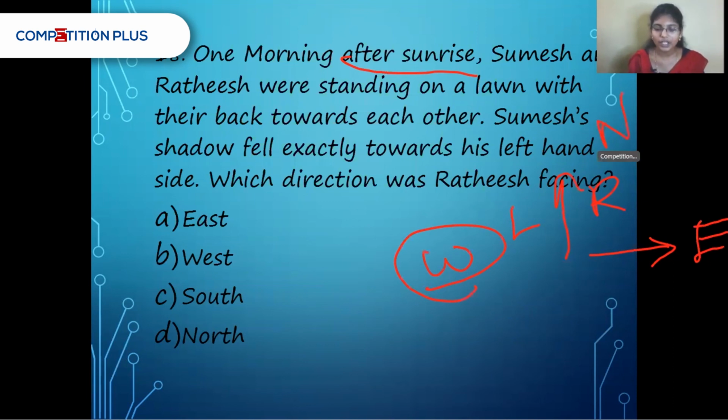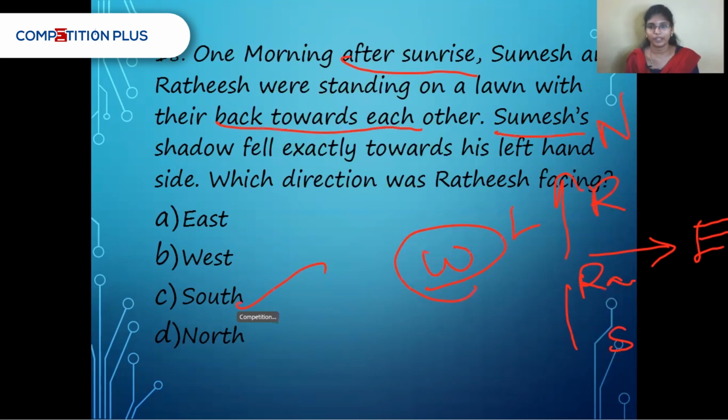So Sumesh is facing north. Since their backs are towards each other, Ratish is facing south. So Ratish's direction is south. Very simple question, but you can get confused by it to the core.